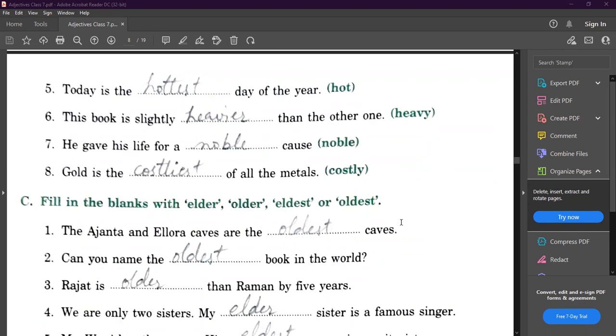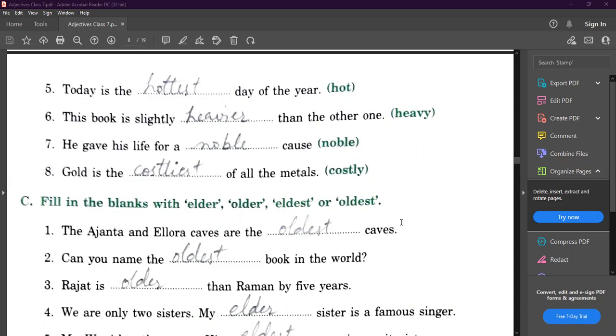Fill in the blanks with elder, older, eldest, or oldest. The Ajanta and Ellora caves are the oldest caves. Can you name the oldest book in the world? Rajat is older than Raman by 5 years. We are only two sisters.